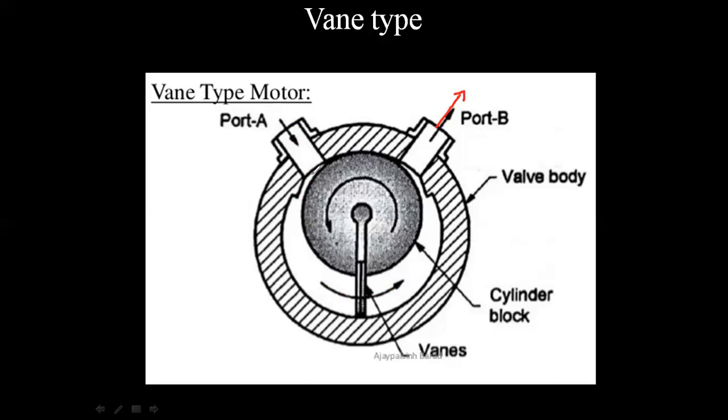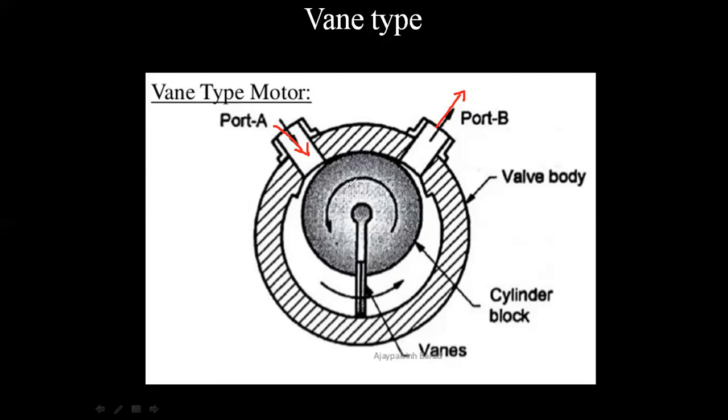Our ultimate aim is to rotate the cylindrical block inside. The cylindrical block is rotated by means of the vane, and the vane is rotated by the pressurized fluid. So this is the simple working of a vane type motor.